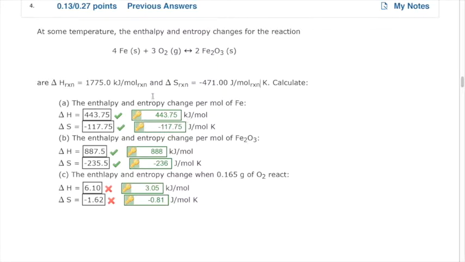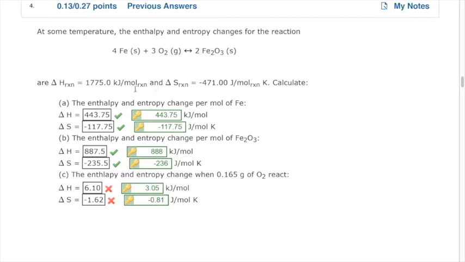A and B are pretty straightforward as long as you know this, and this is important. If we have a delta H reaction, per mole of reaction, and we have a balanced equation, we see that per mole of reaction, we need 4 moles of iron. And per mole of reaction, we need 2 moles of iron 3 oxide.